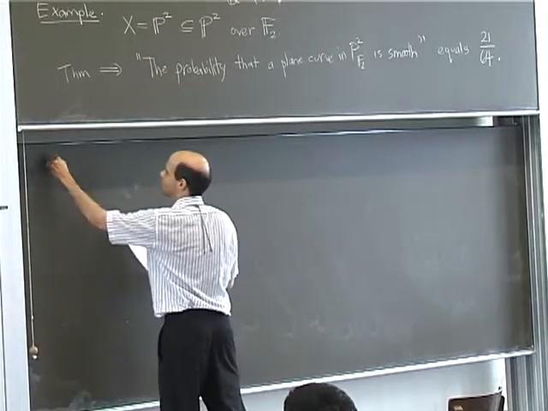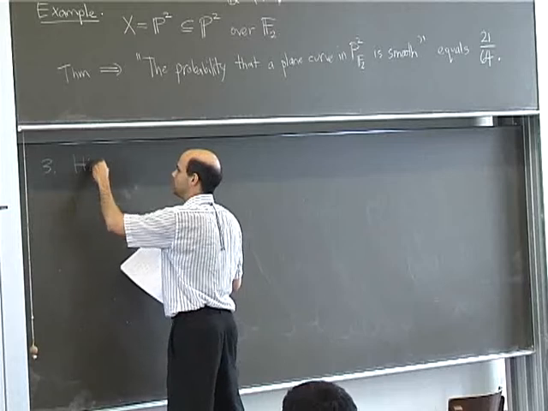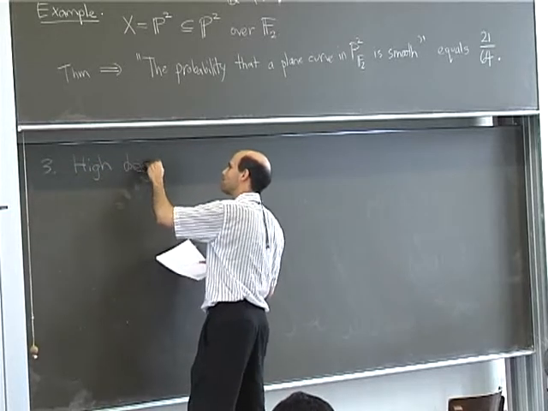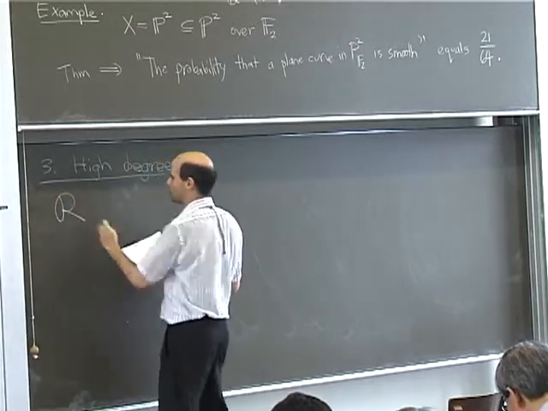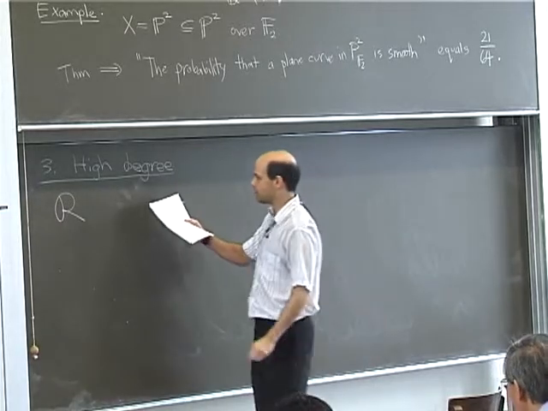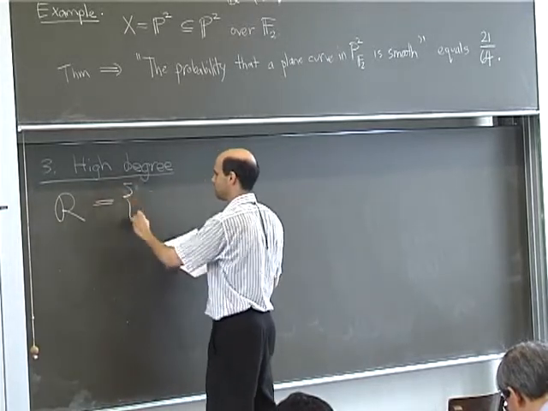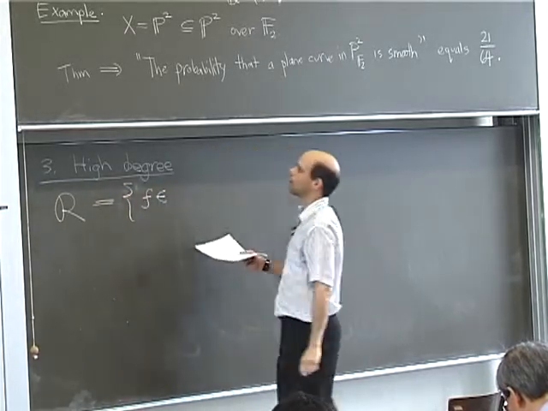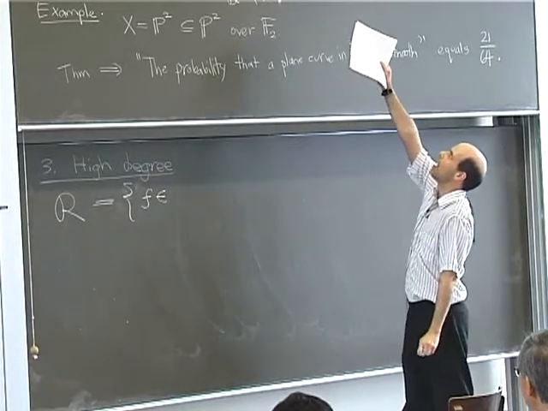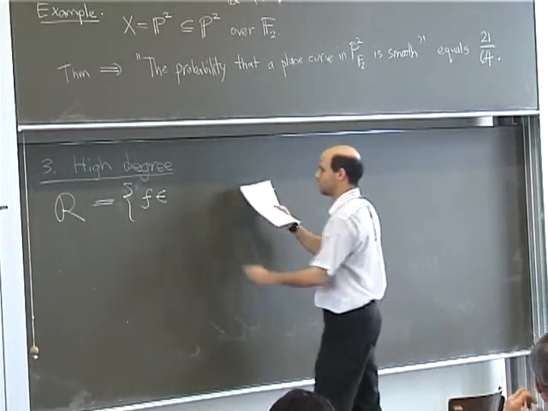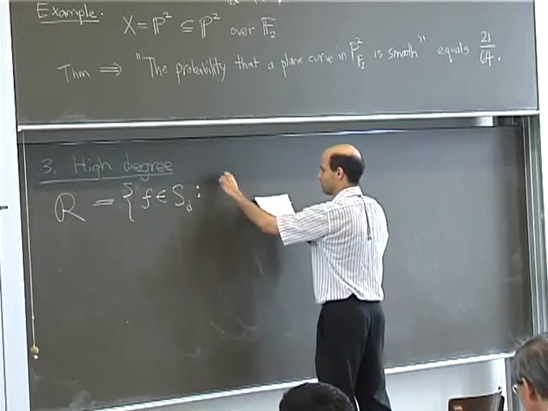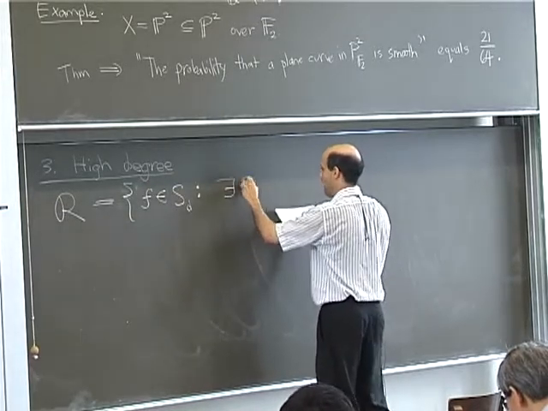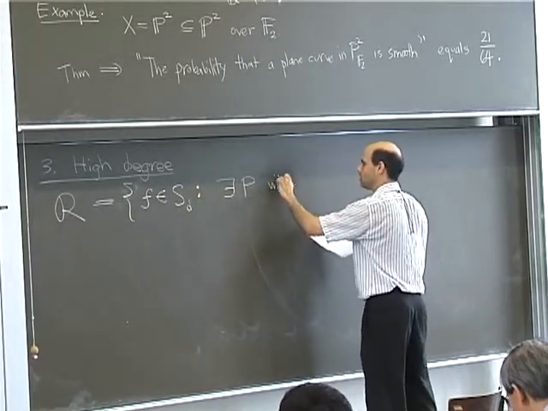Okay, so here's what you actually do. R will be the things I need to finally delete from P sub R. I've already deleted the ones that have a singularity at a medium degree point. So now I want to delete the f's, or the curves, that have a singularity at a high degree point.